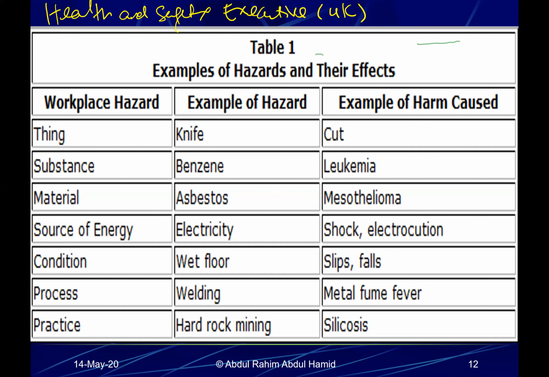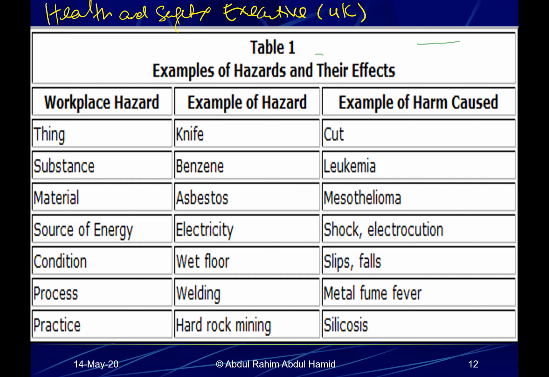If you want to do an assignment or anything with regard to safety, you can go to the HSC website. They have a lot of resources about safety and health, especially in the UK. If you go to the website, they have a section specifically for risk assessment and risk management.